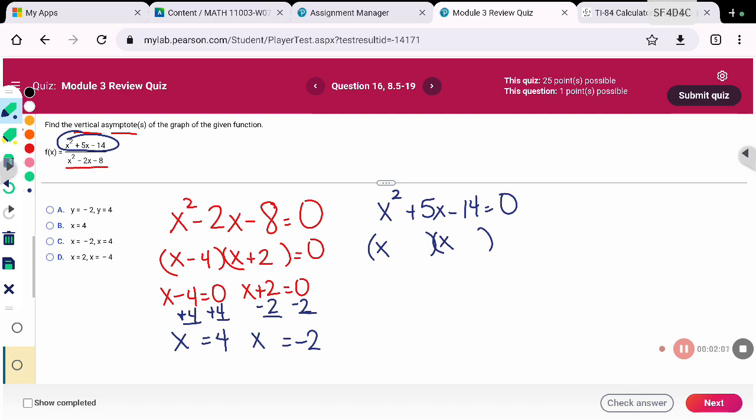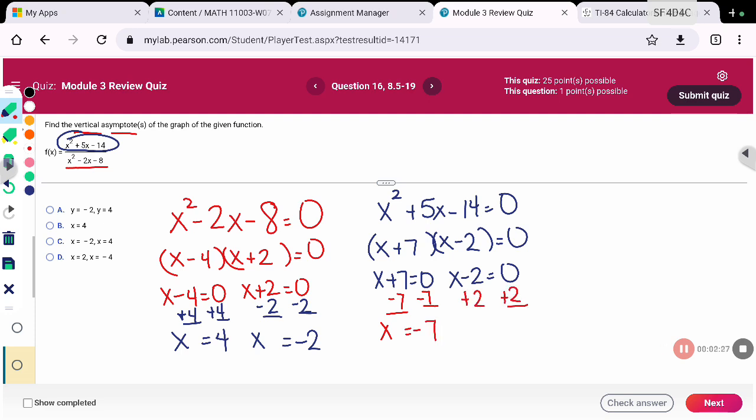Numbers that multiply to give me negative 14 and add to give me positive 5 would be a positive 7 and negative 2. And when I set these equal to 0 and solve them for x, here I'll subtract the 7 from both sides to get x equals negative 7. And here I will add the 2 to both sides to get x equals 2. So those are the zeros of the numerator.